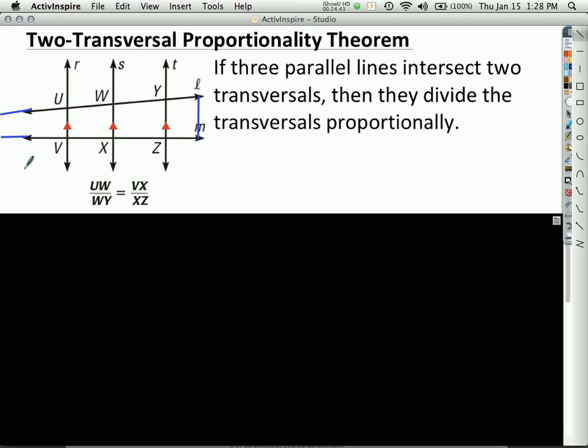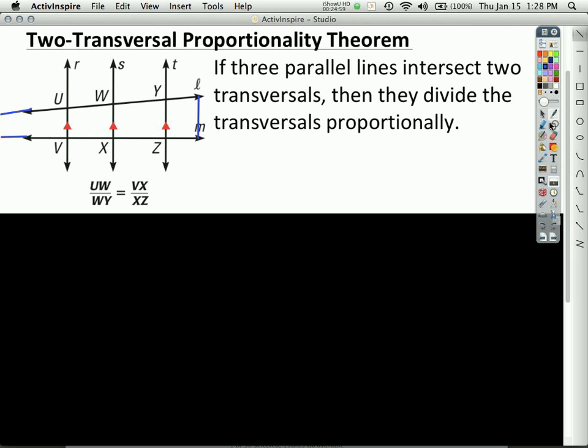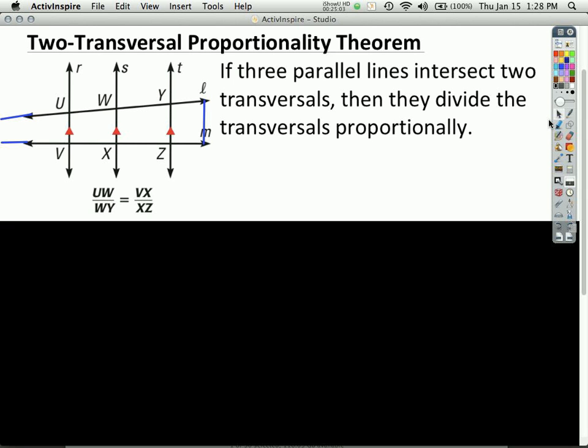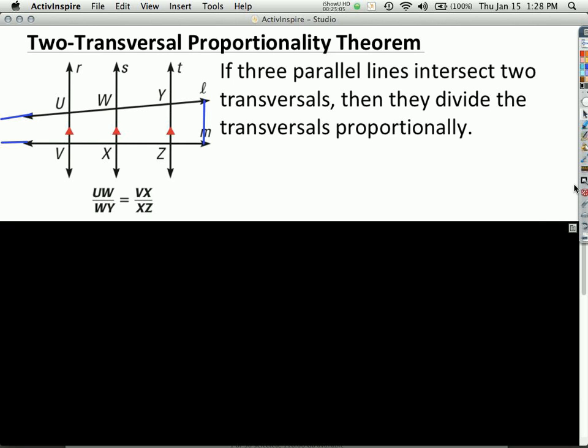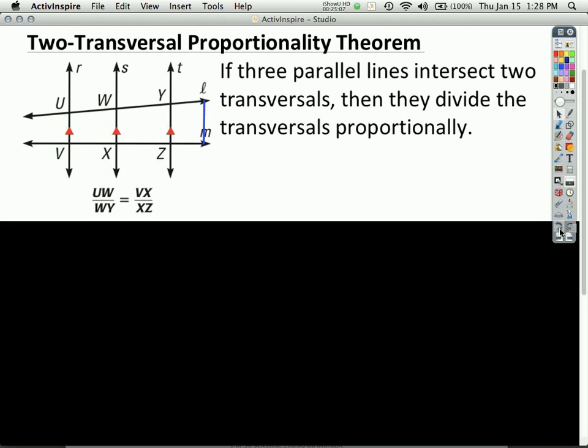Kadir, what would that form? A triangle. And so now we have basically the triangle proportionality theorem, but now the emphasis is on the parallel lines rather than the triangle itself. But it's still the same idea. And so now we can form a proportion from the transversals and where they're cut. Does anyone have any questions about that?